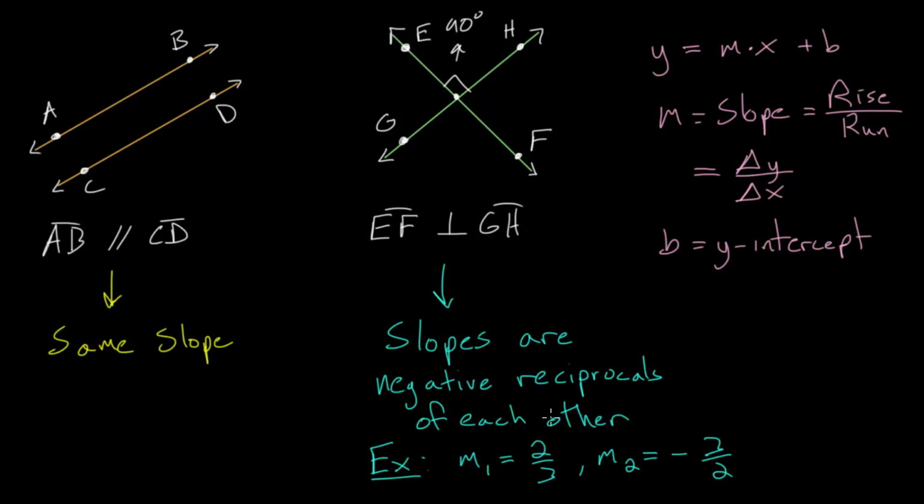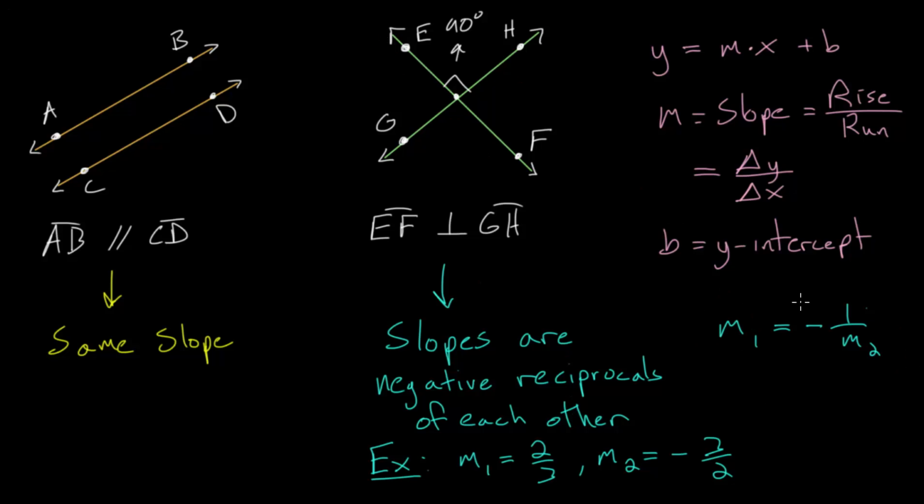So another way to write this is that the slope of line 1, or m1, is equal to the negative reciprocal of slope m2. So we flip the slope, we can put a fraction or a whole number over 1, and then flip it, and then take its negative.